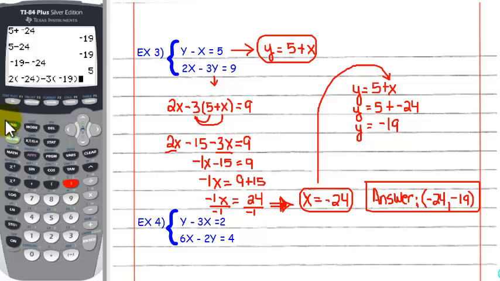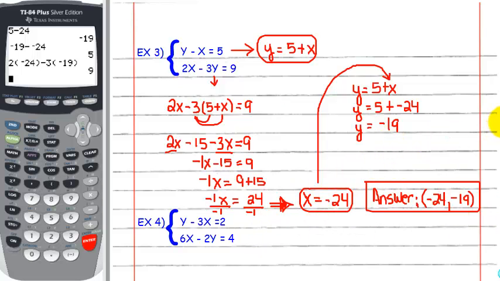Alright, let me double check if I copied correctly. 2 times x minus 3 times y. My answer should be 9. Here's a moment of truth. Yoo-hoo! It is 9, so I am correct. I am on the right track. This answer is correct. Let's move on to the next problem.